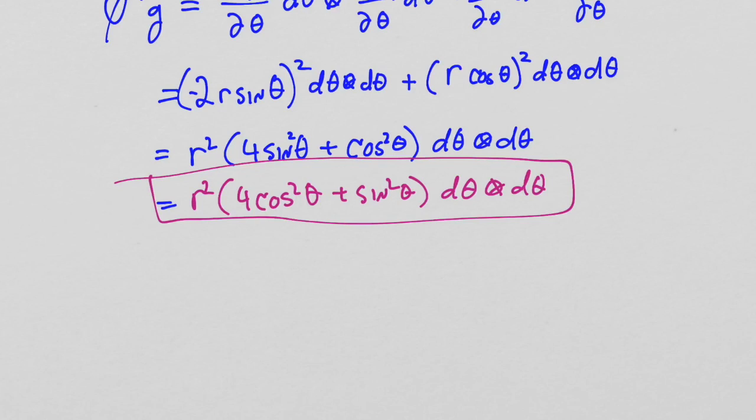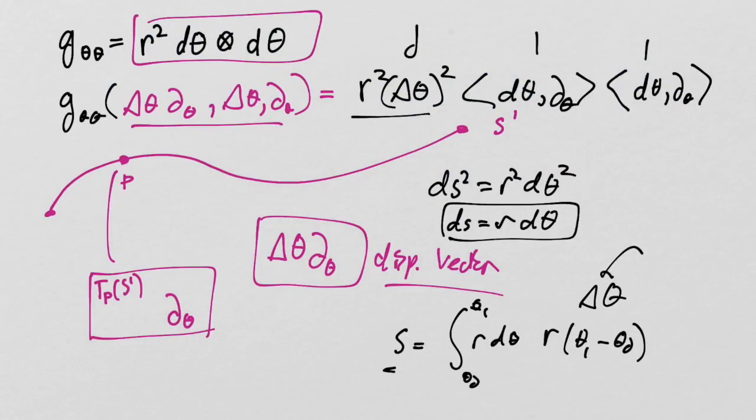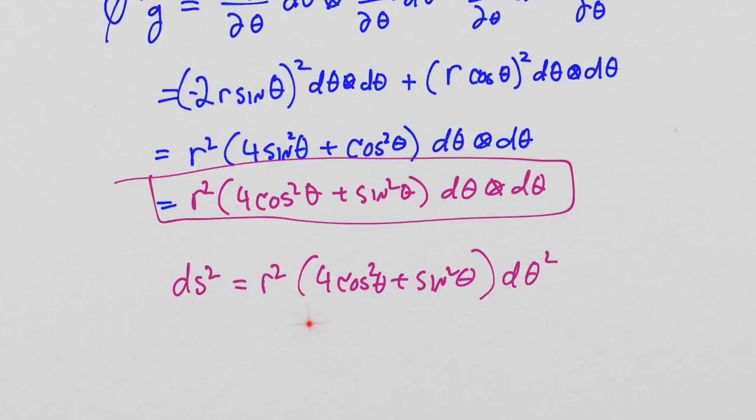So then using exactly the same logic as before, they end up with an expression that goes ds squared equals r squared times 4 cosine squared plus sine squared theta, and then it's d theta squared, right? So that they produce using exactly the same logic as we exercised in this portion. They end up with this expression for this squared little distance.